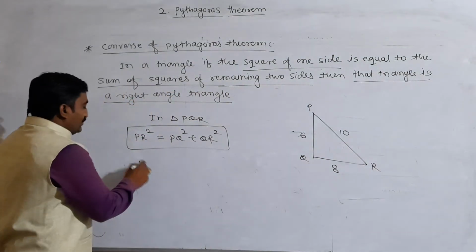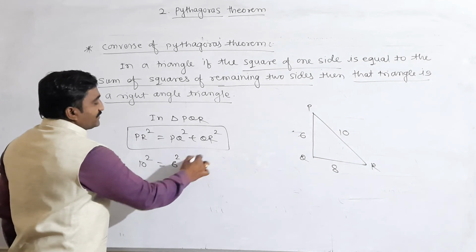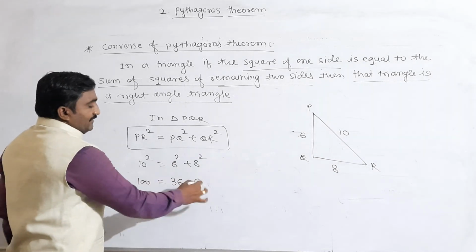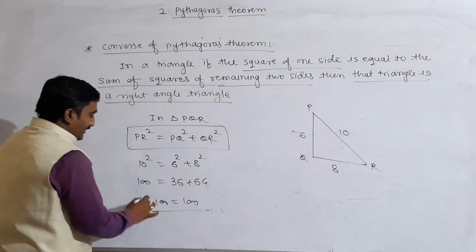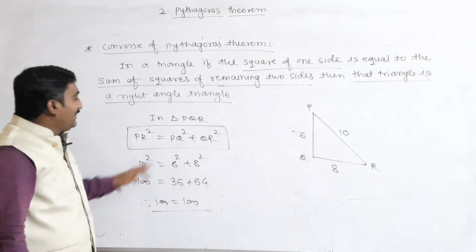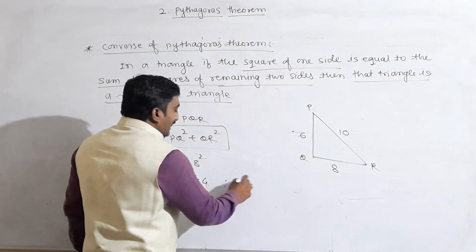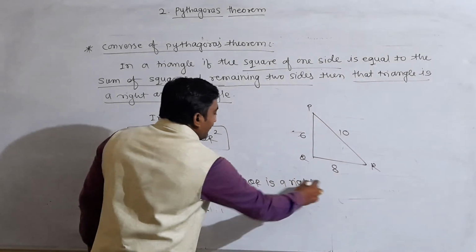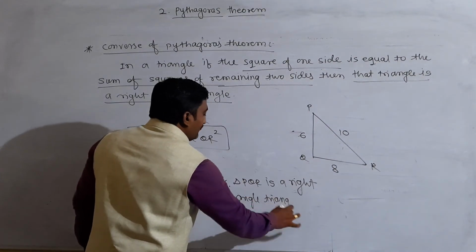Then here 10 square, here PQ means 6 square plus 8 square. 10 square is 100, 6 square is 36, 8 square is 64, 100 is equal to 100. It means both sides are equal. Square of one side is equal to sum of squares of other two sides. Therefore, triangle PQR is a right angle triangle.